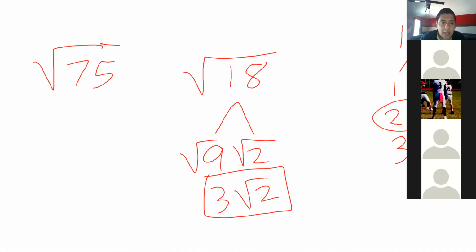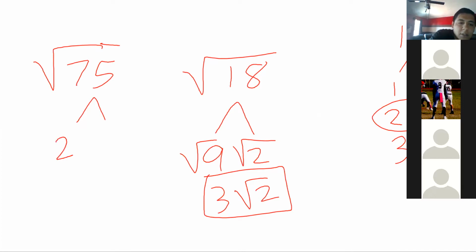So what's a factor of 75 that easily ends in 5? 15, isn't it? What about 5 times 15? Well, neither of those are perfect squares.